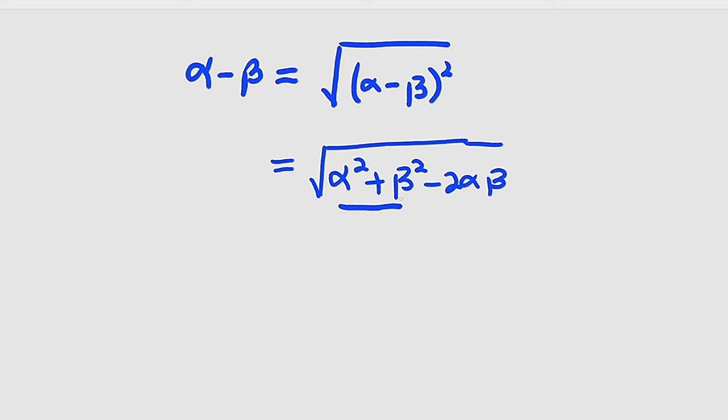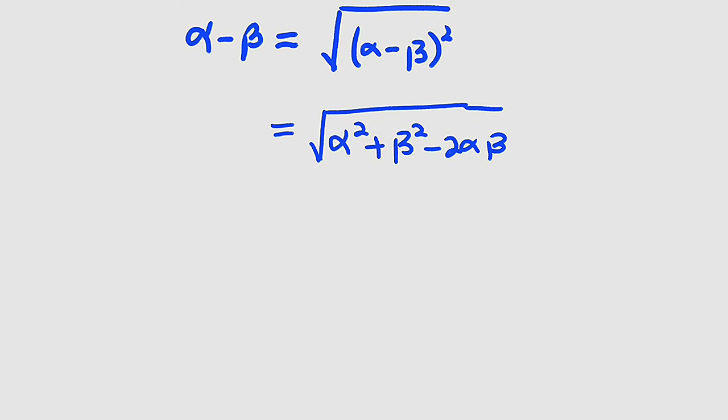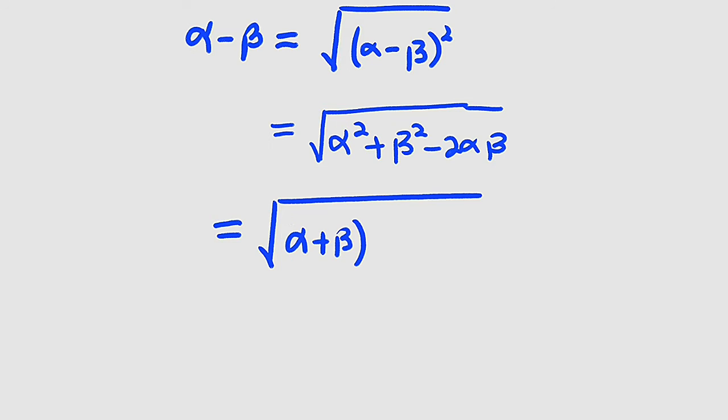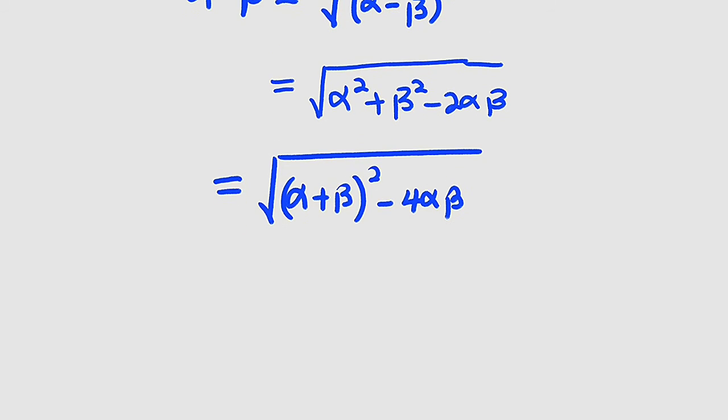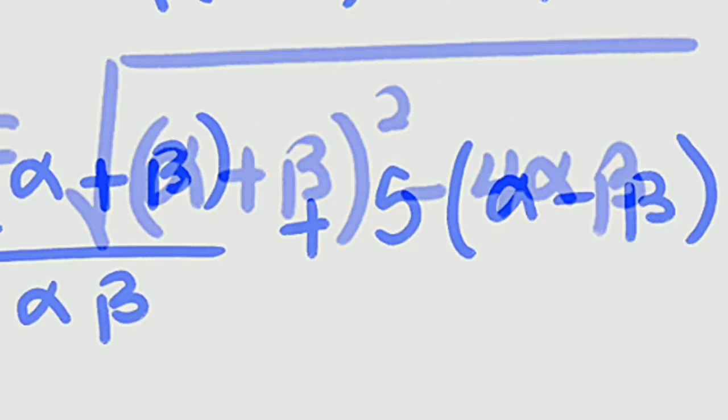But alpha squared plus beta squared is the same thing as alpha plus beta all squared minus 2 alpha beta. If you want to derive it, you can take alpha plus beta and square that. So this is equal to the square root of alpha plus beta whole squared minus 2 alpha beta. But remember, we have another minus 2 alpha beta, making it minus 4 alpha beta. So let me make it just minus 4 here. This is where we stop.